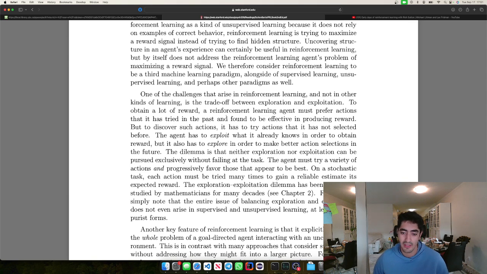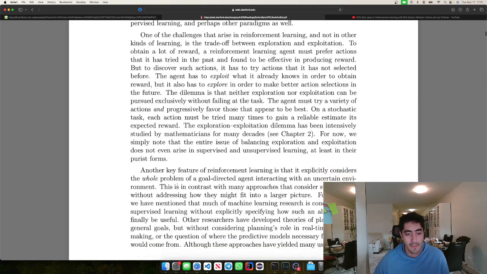The exploration and exploitation dilemma has been intensively studied by mathematicians for many decades. In chapter 2. For now, we simply note that the entire issue of balancing exploration and exploitation does not even arise in supervised and unsupervised learning, at least in their purest forms.